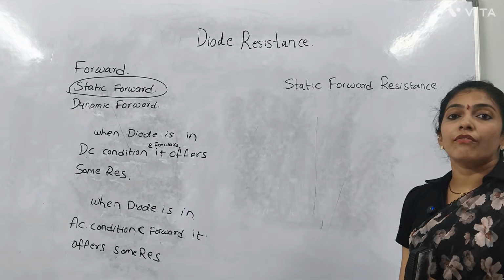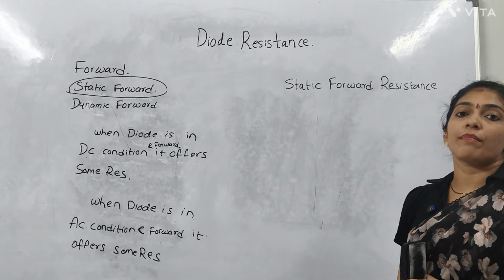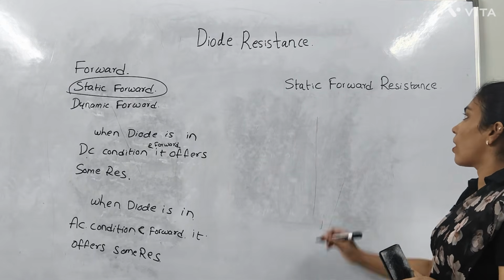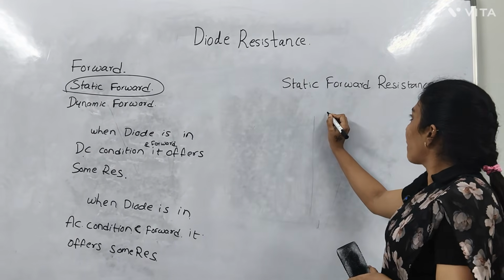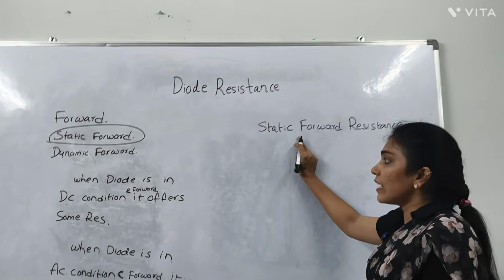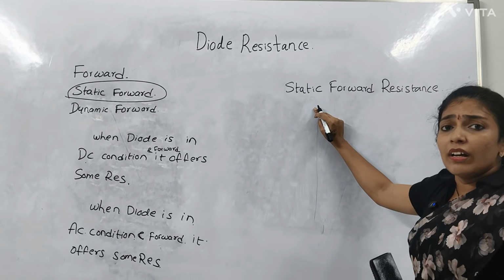Static means when the diode is in DC condition, it offers some resistance. That resistance is called static resistance. So now the diode is in DC condition. What does that mean?